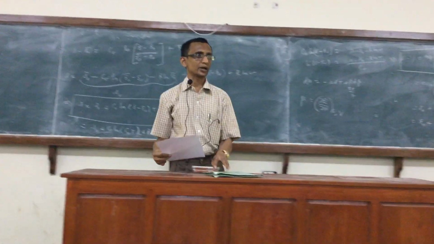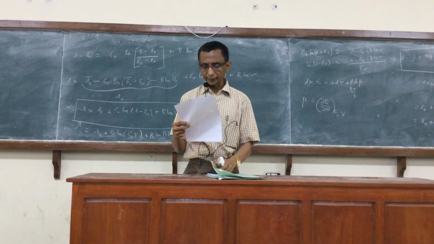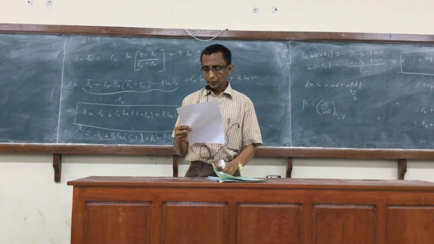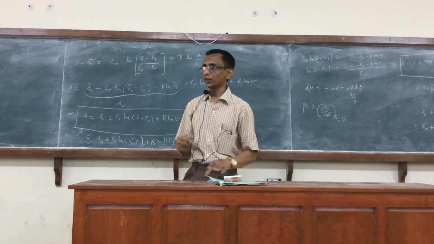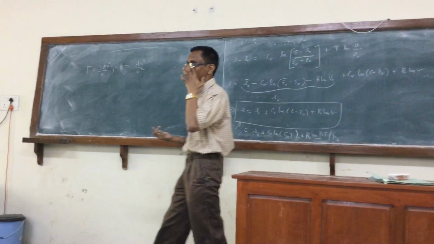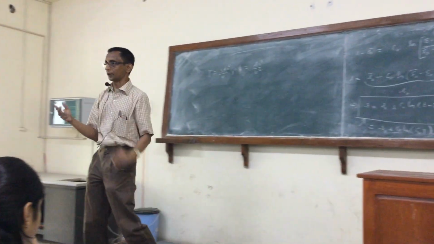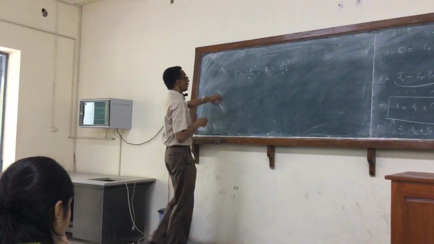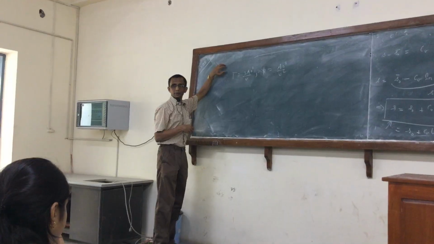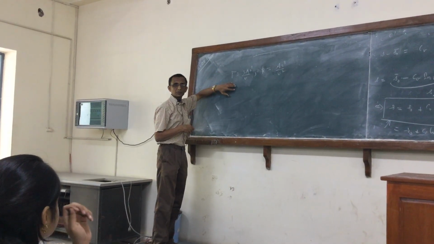So neither of these are fundamental equations. So you can construct E as a function of S and v, and you are also asked to get mu as a function of T and v. You can look at other fundamental equations also. So maybe the first step would be to get E as a function of S and v.